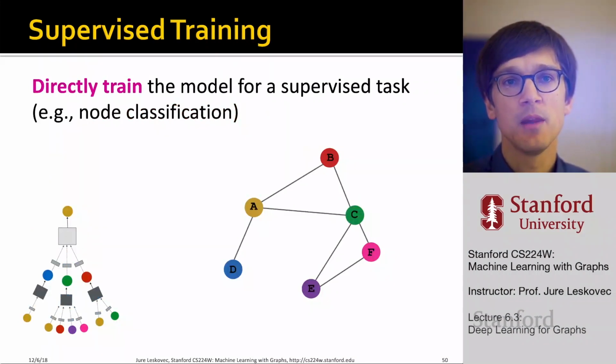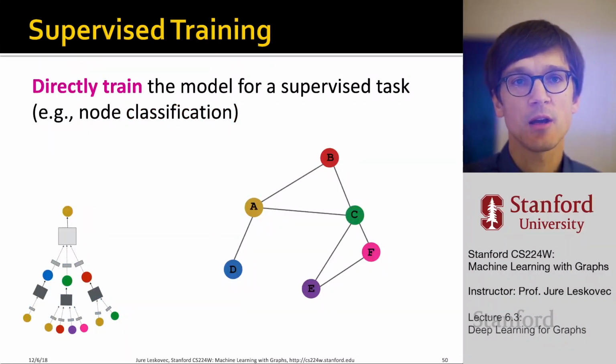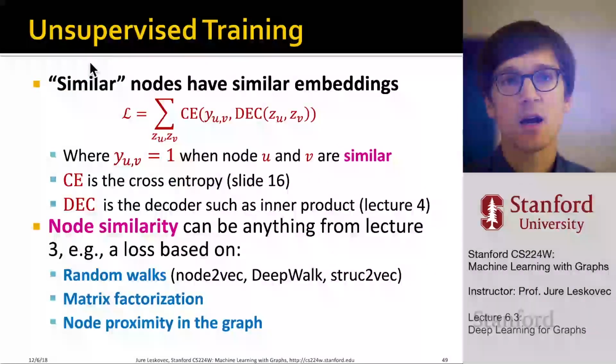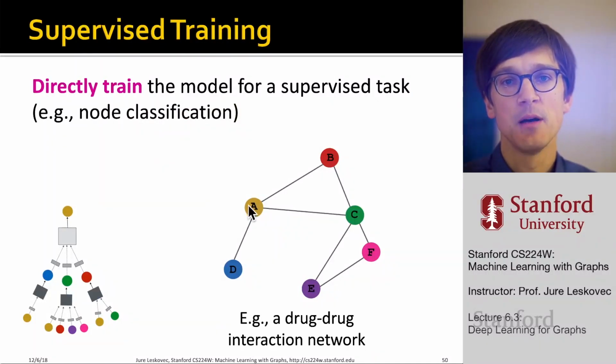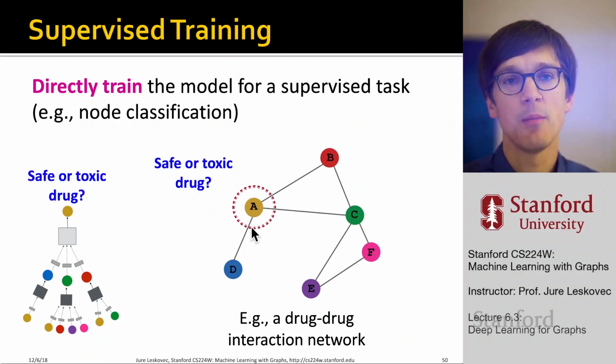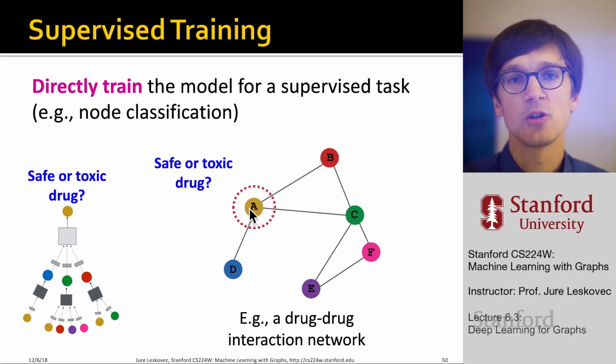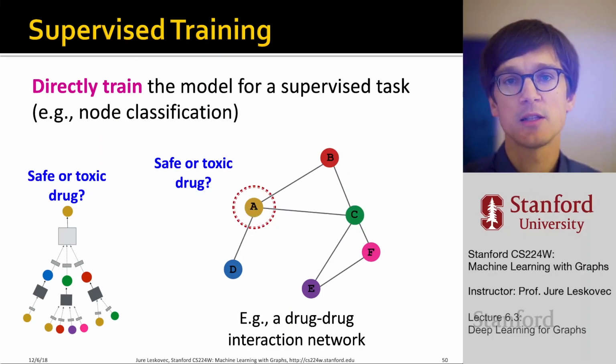So we are going to train this either in this kind of unsupervised way, or of course we can also directly train this in a supervised way, which means that perhaps for a given node we have some label about the node. Maybe this is a drug-drug interaction network, and we know whether this drug is toxic or not, whether it's safe or toxic.